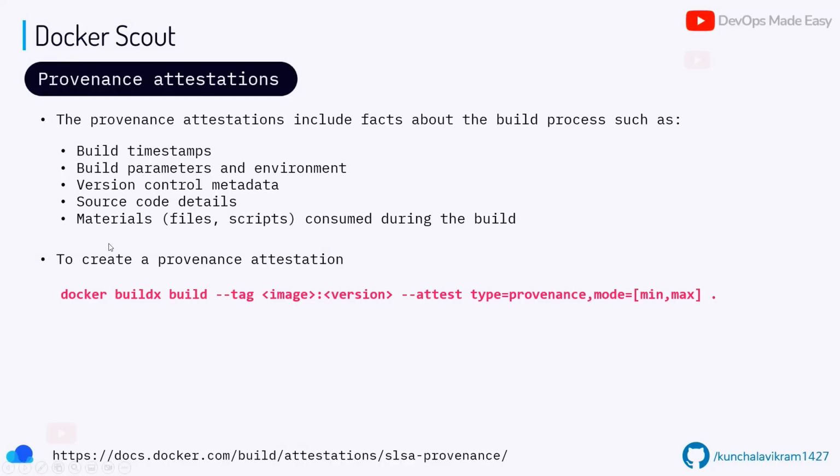You can provide this information along with the Docker build, so that Docker Scout and others can use this extra information. To include this provenance information in Docker build, when you're tagging the image, you need to attest it. The type is provenance, and you choose what level of information you want to include, whether maximum level or minimum level.